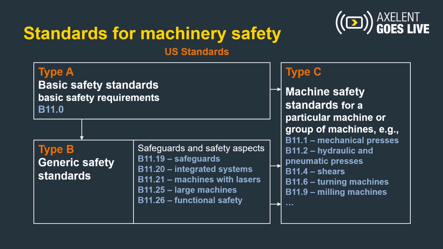B11.19 is likely the most important of these because it contains dozens of excerpts from ISO standards, and the rules are often identical or very similar to those of ISO. And there's also standards for specific types of machinery. These are the Type C standards. Regarding this, one must say, however, that the differences between ISO and European standards are a lot bigger.